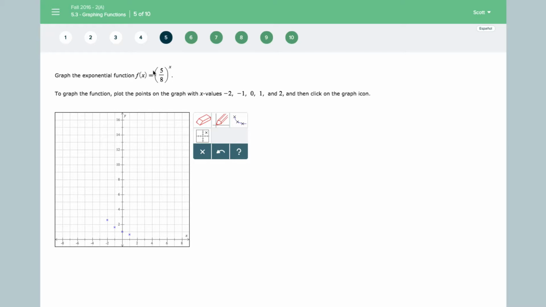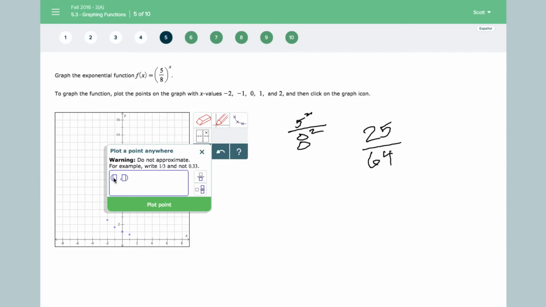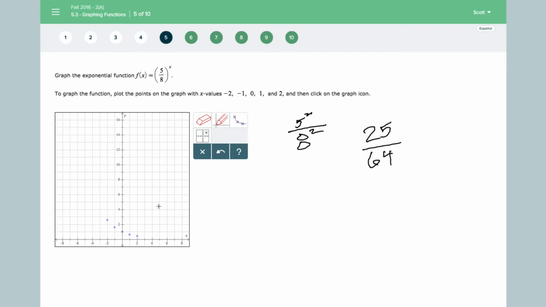And then if we plug in a 2, we get 5 squared over 8 squared. 5 squared is 25. 8 squared is 64. So now we just plot that point. We have 2, comma 25 over 64. Again, we don't have to worry about what that is because the computer will do it for us. There's the 5 points. We're going to click that button, and there's our graph.